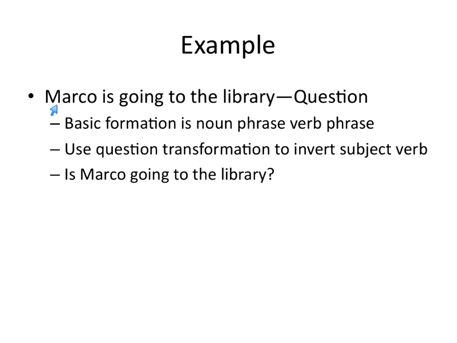So to ask the question, you have to find the transformational rule for question. The transformational rule for question in English is to invert the subject and verb. So then you're going to say, this is the surface structure, is Marco going to the library?